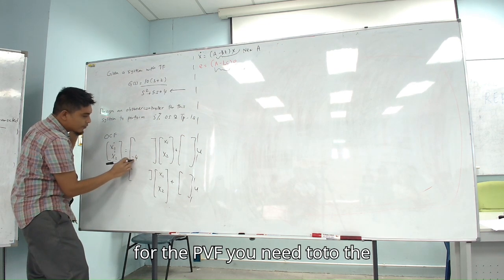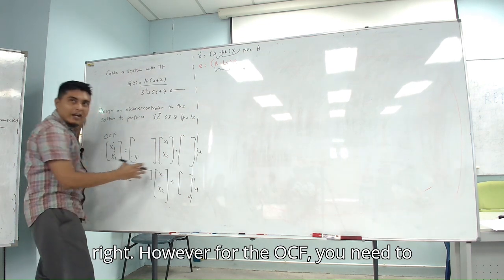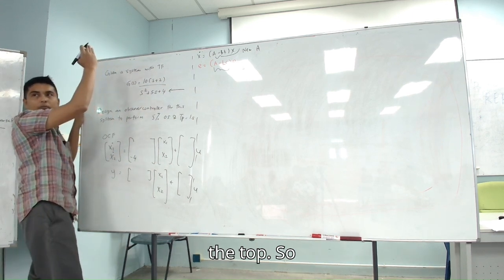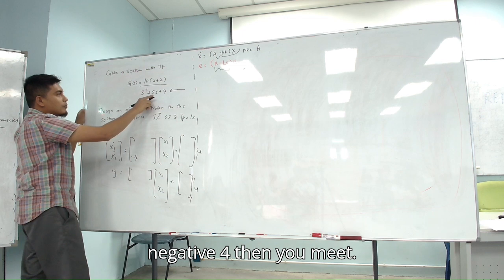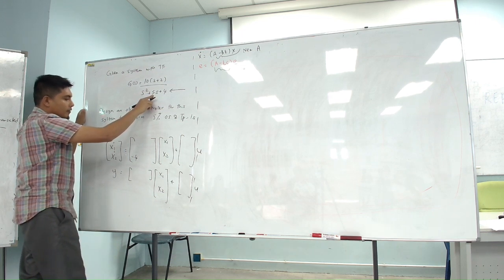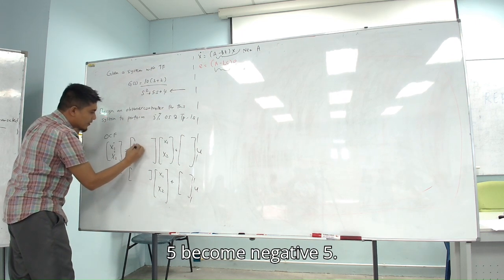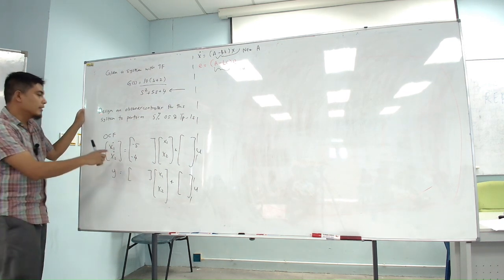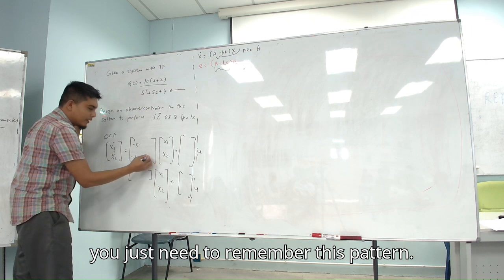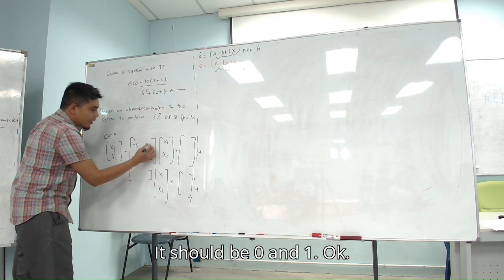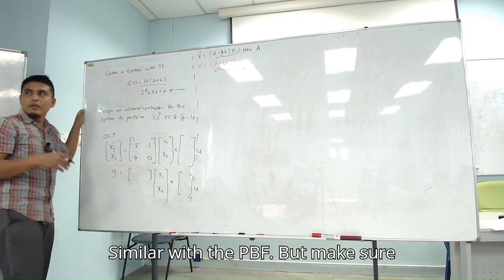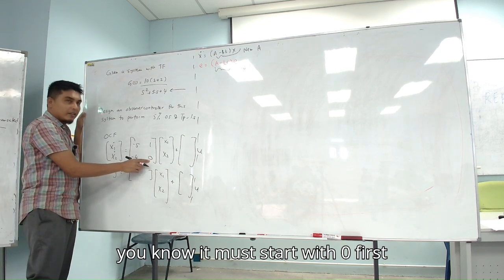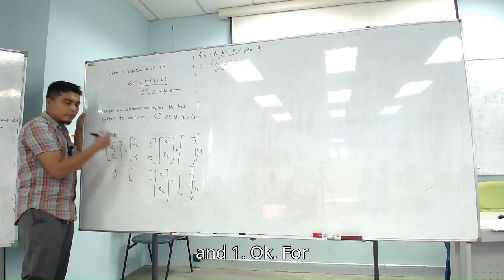For the PVF you go to the right, however for the OCF you go to the top. So -4, then you meet 5, which becomes -5. And then you just need to remember this pattern. It should be 0 and 1, similar to the PVF. But make sure it must start with 0 first and then 1.